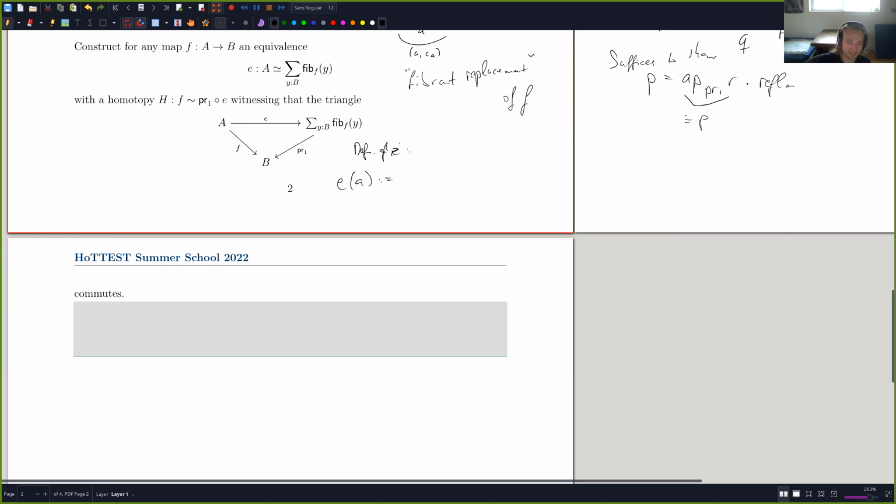E of A should consist of some element of B. And what's the obvious choice here? Well, let's choose F of A. And then something in the fiber of B, but we already know that A is in the fiber of B. So let's just take A and reflexivity, reflexivity at F of A.